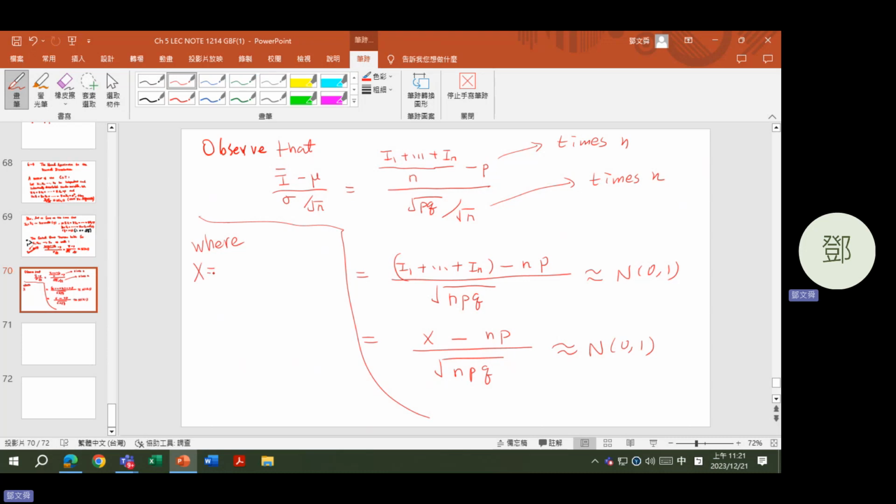Where X equals I1 all the way to In, the sum of n Bernoulli random variables, which is called binomial with n and p. Here, n is this n, all right? And p is this p.